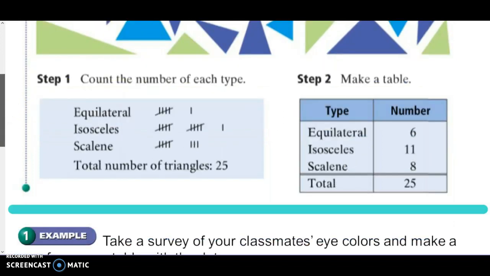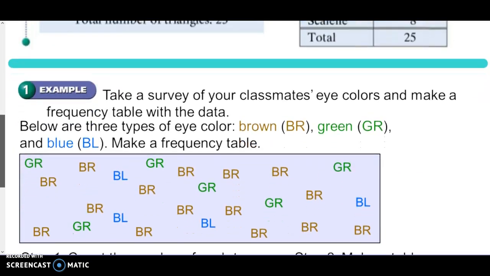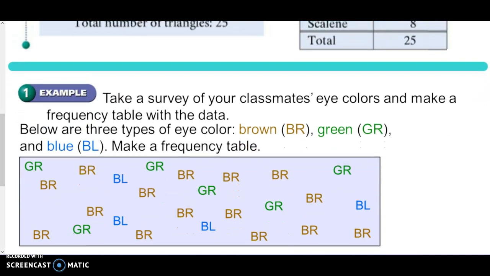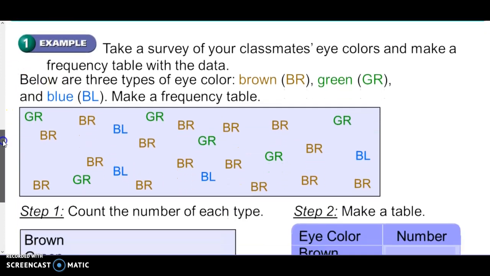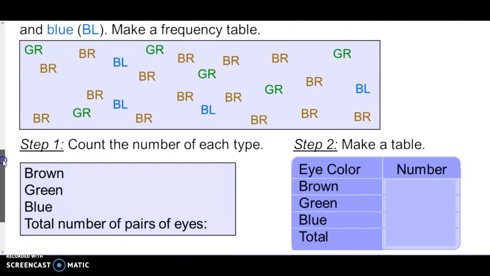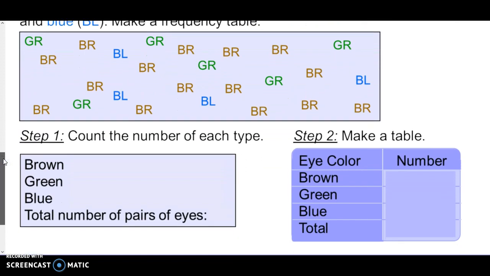So one example that we can use is different colored eyes in a classroom. If we take a look at this group here, we can go through and count the number of blue, brown, and green eyes that we have. Now you can do any number of things, but I'm going to say, okay, got 1 blue, 2, 3, and then 4.